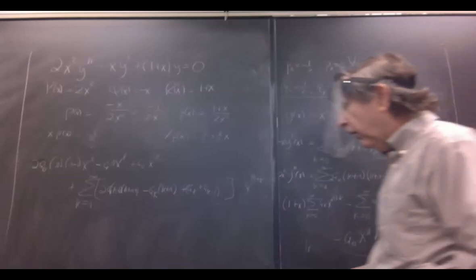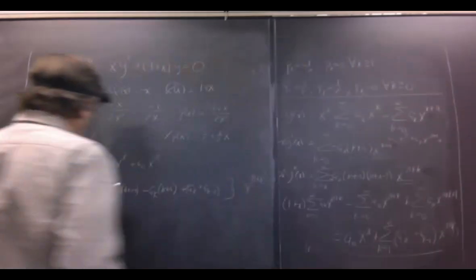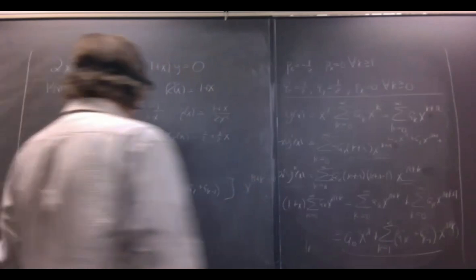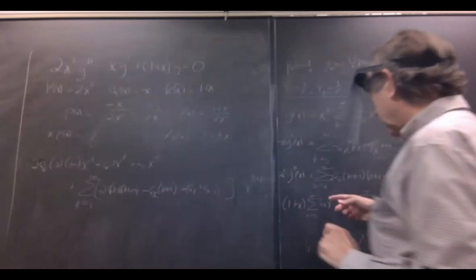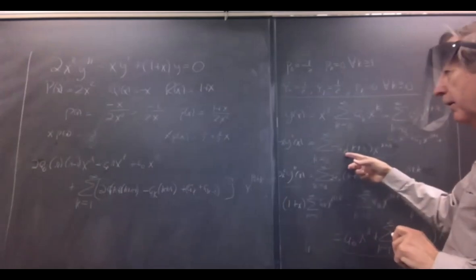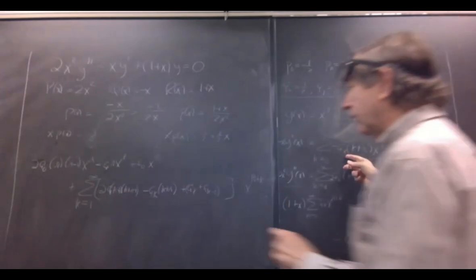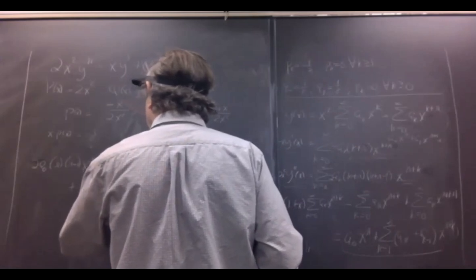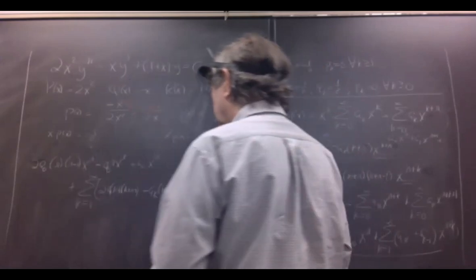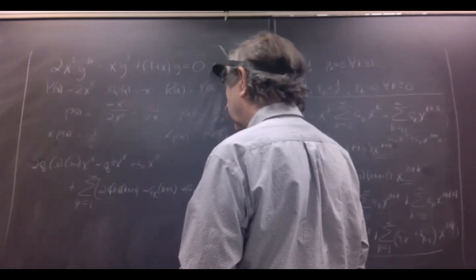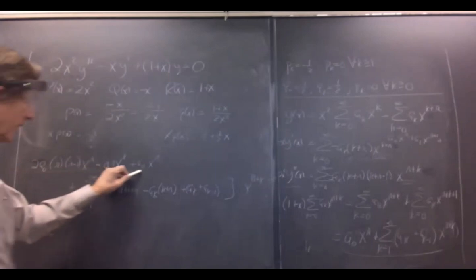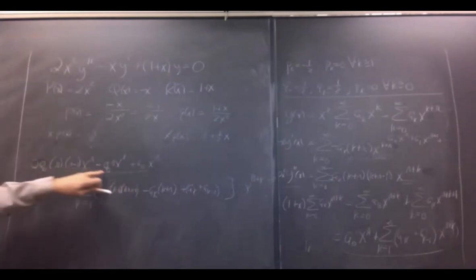Now, and what was this thing here? This was, I think, was here, that was minus a sub 0. So, okay. Now, all right, in this term here, what I noticed, if I didn't make any mistakes, is I have an a naught in every one, and I have an x to the r power in every one.